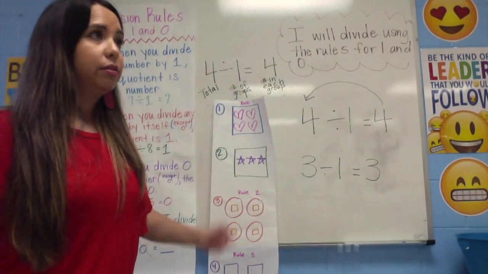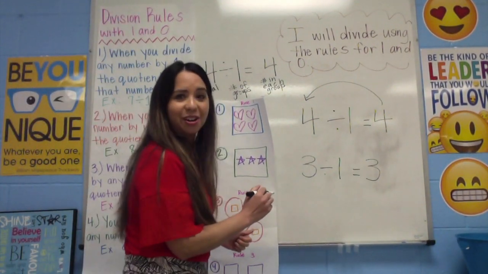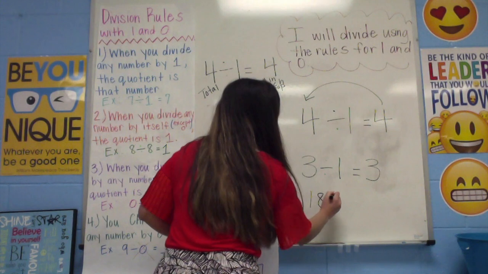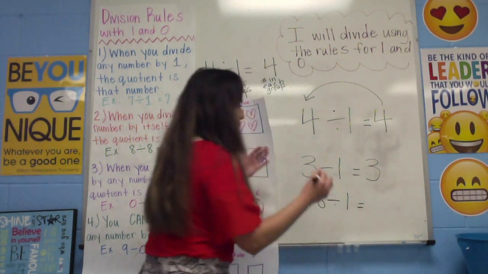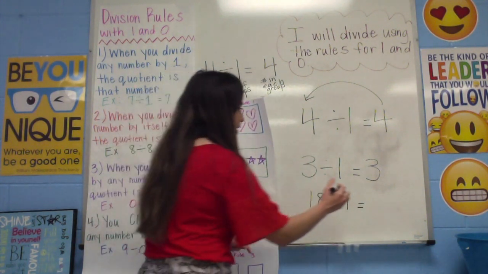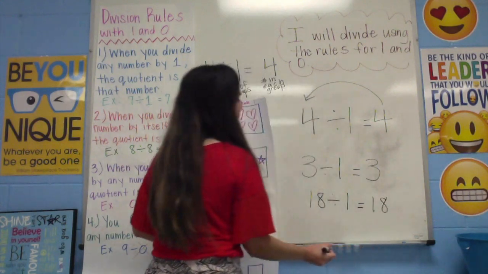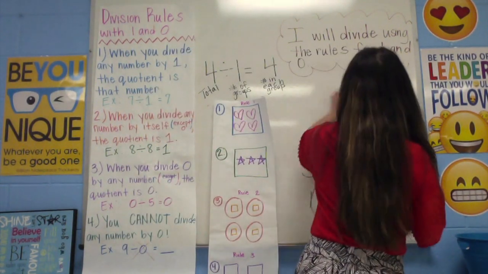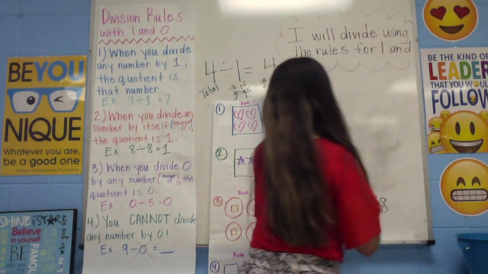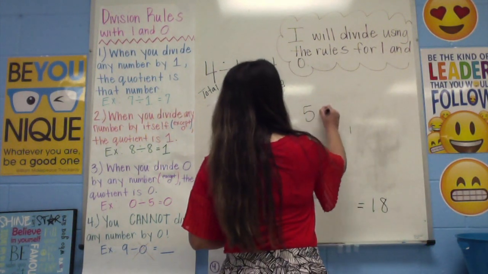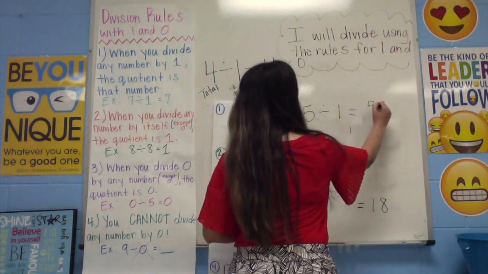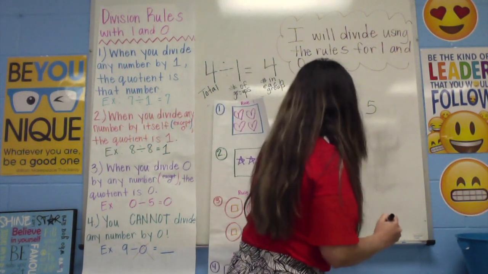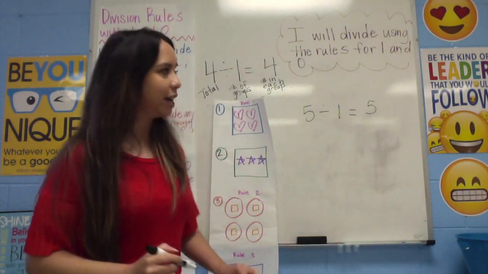What about 18? My favorite number. 18 divided by 1 will be this number, the dividend, 18. Let's see. 5 divided by 1 will equal 5. And we know in division we can check our work using multiplication.